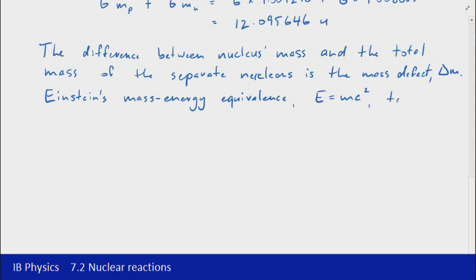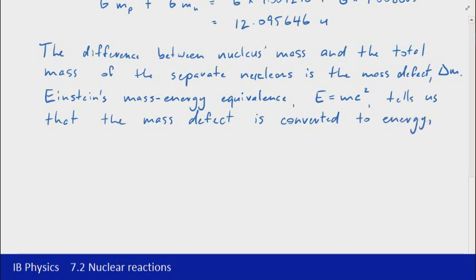That equation tells us that the mass defect is converted to energy. If you take those separate nucleons, they have a mass of slightly more than the mass of the nucleus together. So if you were to take them all separately and then squish them all together, that difference in mass is actually converted to energy.